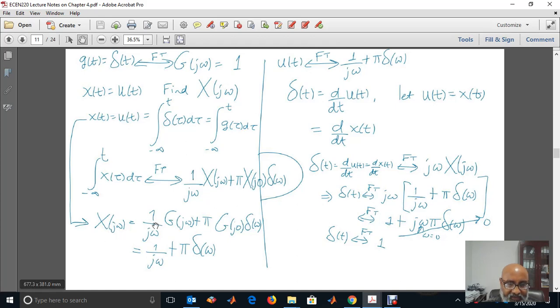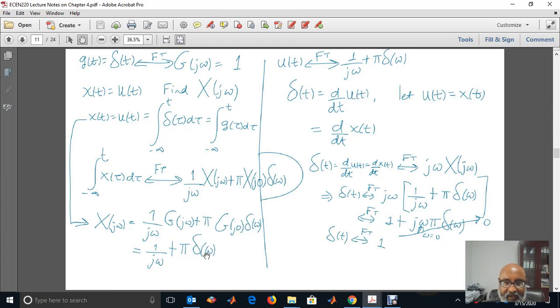X(j omega) is equal to 1 over j omega times G(j omega). G(j omega) means the Fourier transform of the impulse. That's pi G(0), the DC part, times Dirac omega. Because G(j omega) is equal to 1, the Fourier transform of the impulse, G(0) will be also 1. So the Fourier transform of unit step function is 1 over j omega plus pi Dirac omega.